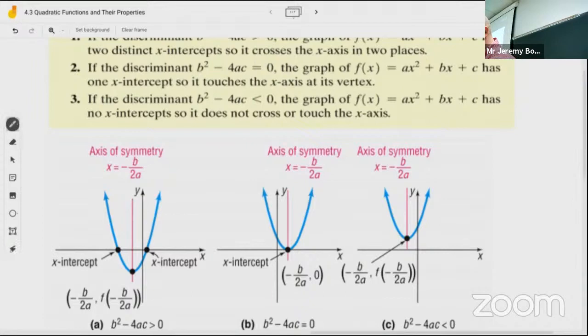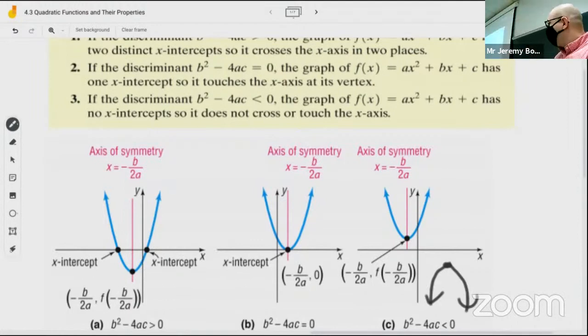Same thing applies if the vertex is below the x-axis and opens down, it's never going to cross it there as well. So you can use the information you learned so far to determine how many you should have and then go and find them. Or you can use the discriminant or all the tools at your disposal that you've learned so far this semester. They all apply, everything we've done with quadratic equations so far.